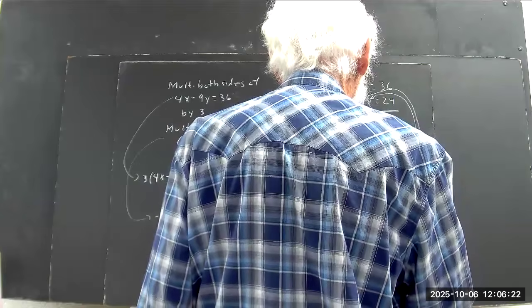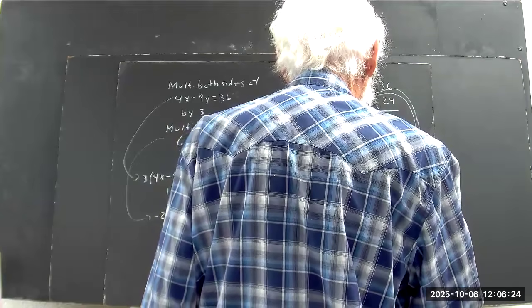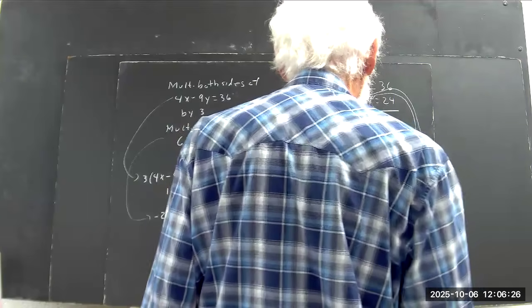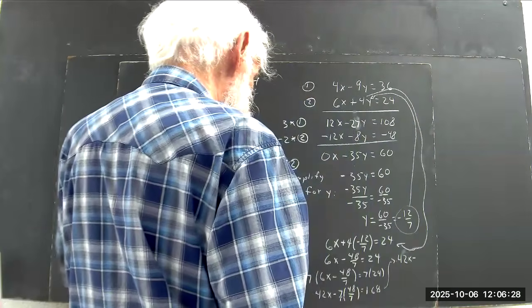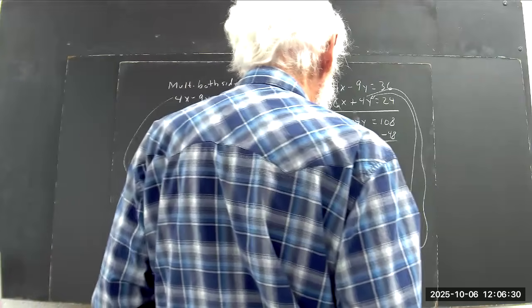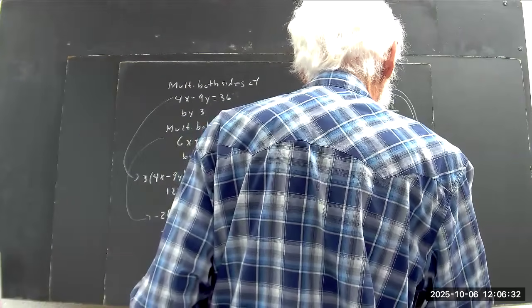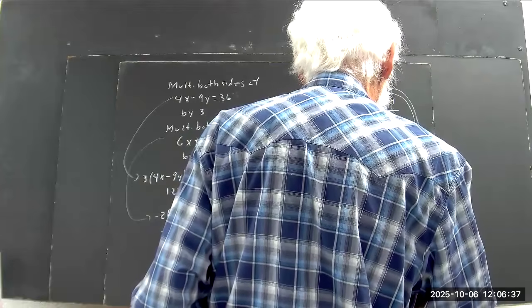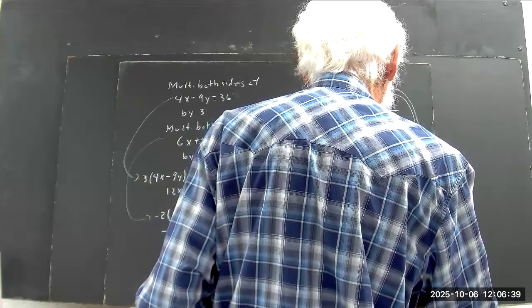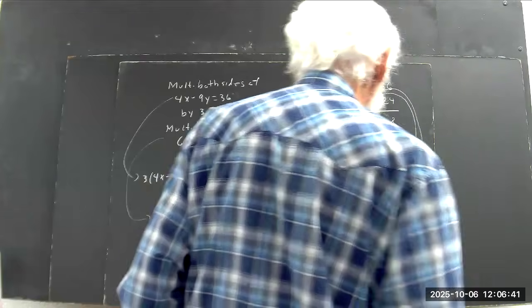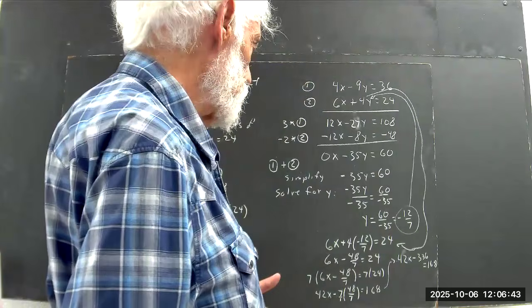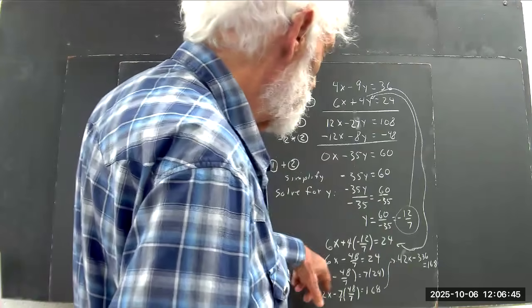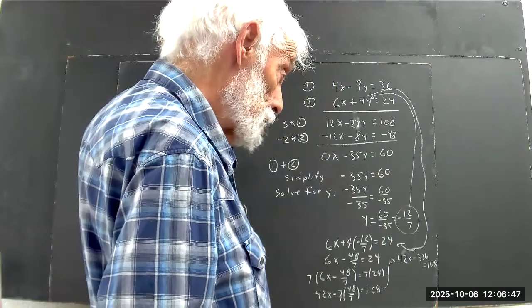Giving us the equation 42x minus 336 equals 168. And let me make sure it's 336. Yeah, that works. 7 times 50 is 350, subtract 14.